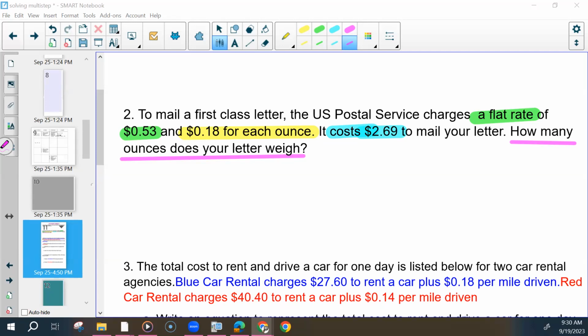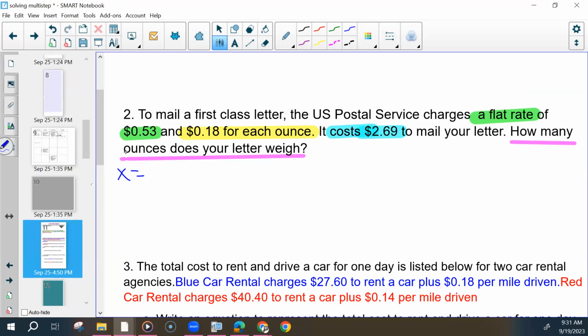The next step is we have to define a variable. If you're not sure about the variable, look at the question. The question is always going to help you define your variable because this tells you what you don't know. You can pick whatever variable you want. I would avoid O because you might confuse it with a 0.